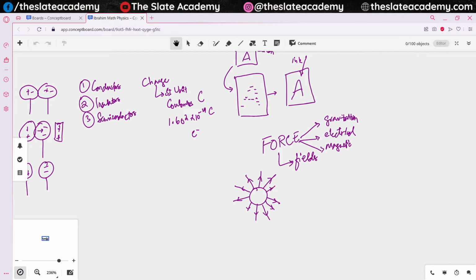If there is a single unit charge or a charged plate, then if it is positive, the field lines would be flowing out of it, and if it were a negative charge, then the field lines would be flowing inwards toward it.